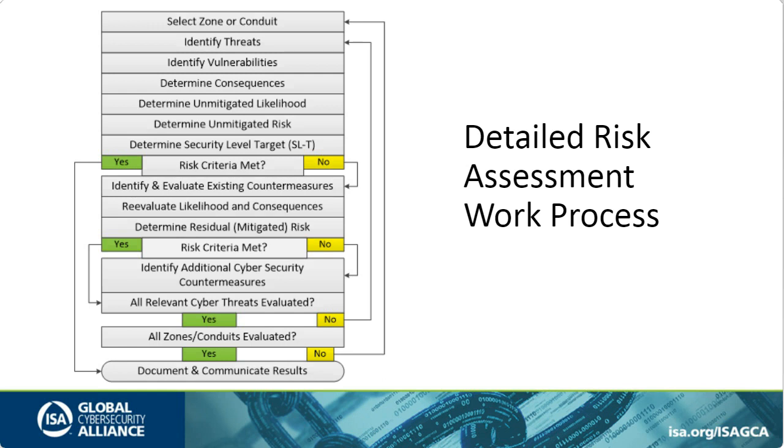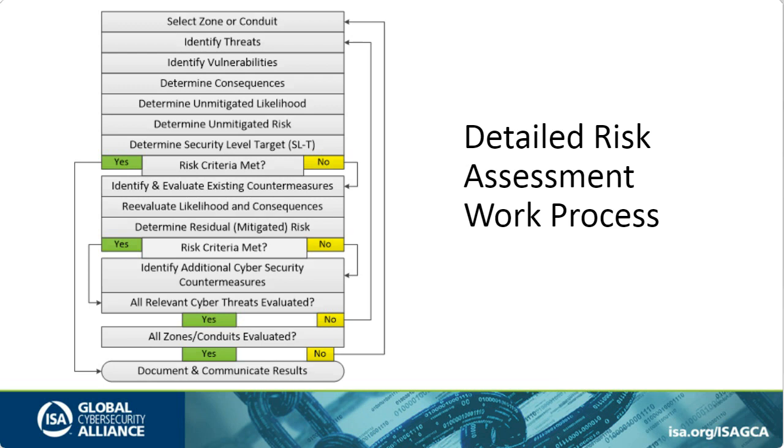At that point in time, has the criteria been met? If not, you would identify and evaluate existing countermeasures, reevaluate likelihood and consequence to determine the mitigated risk. Once again, ask the question, is the risk criteria met? If not, make recommendations for additional countermeasures.